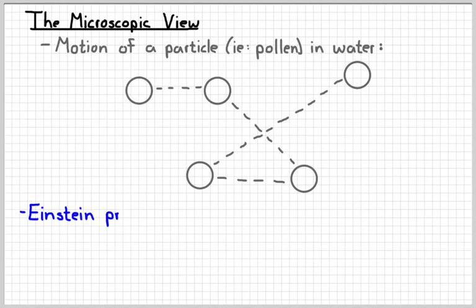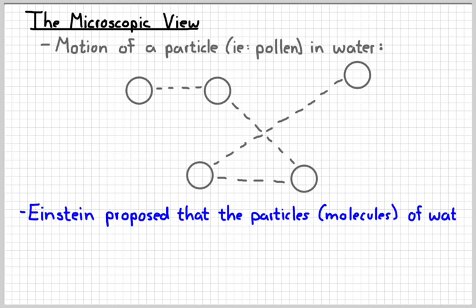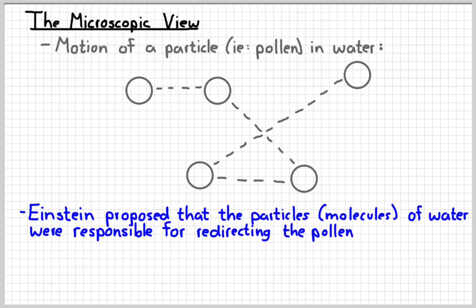And so what Einstein did was he proposed that the particles, in this case the molecules of water, were responsible for redirecting the particles of pollen. Kind of like this. They pushed it and it moved one way, and then those water particles ran into the pollen and pushed it a different way, and so on and so forth.